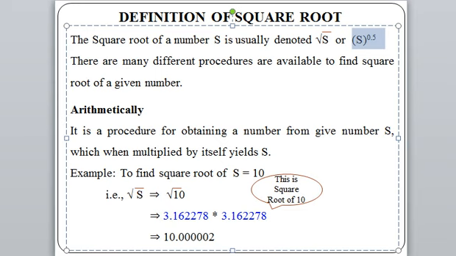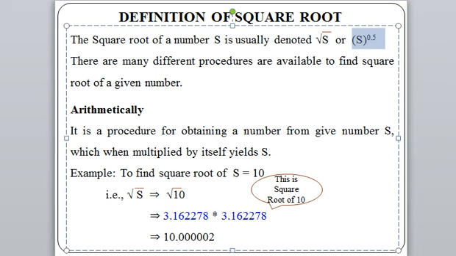There are methods like the Babylonian method, the Newton-Raphson method, and many other techniques are possible to find the square root of a given number. Now, arithmetically, it is possible to define the square root of a number in this fashion.